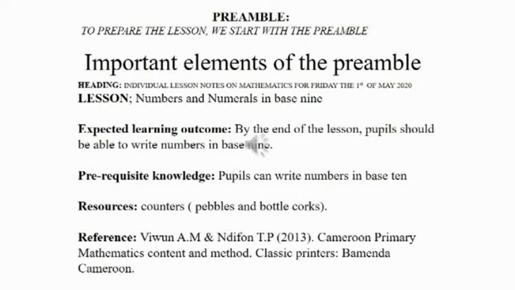And with the preamble, we shall be looking at only the most important elements of this preamble. The heading, first of all, would be like this: Individual lesson notes on mathematics for Friday, the 1st of May 2020. 1st of May is as a result of the fact that we are going to teach this lesson on that 1st of May, which is a Friday.